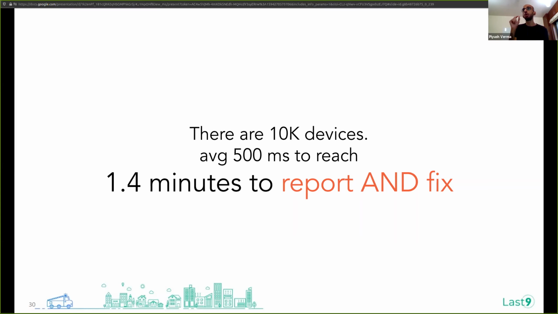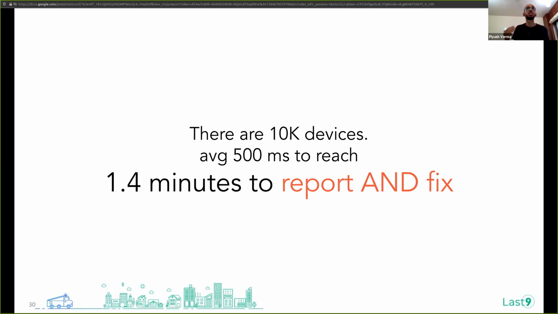In all of this 1.4 minutes, the entire data across those 10,000 devices has to be aggregated. See which one did not make it through to that service. So there is a data processing pipeline which will be in the picture as well. There is a to and fro, there's speed of light as well. There are ISPs involved. There's everything involved, only 1.4 minutes.